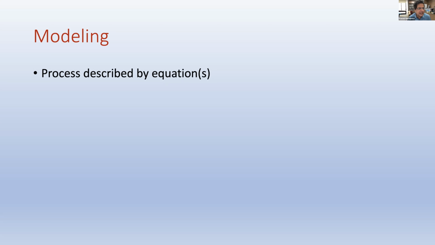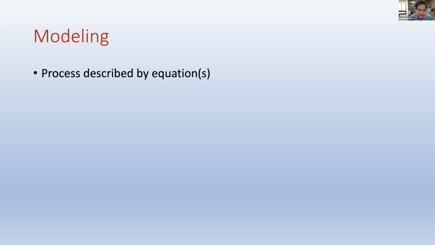So we should not be misguided by the word modeling. What we essentially mean is that a physical process is in place. It may be a chemical process or a biological process, but we try to understand the process, or simulate it, by using some kind of mathematical equations. We may use a very simple equation to describe the process, or a complicated partial differential equation system, or for that matter an experimental model.